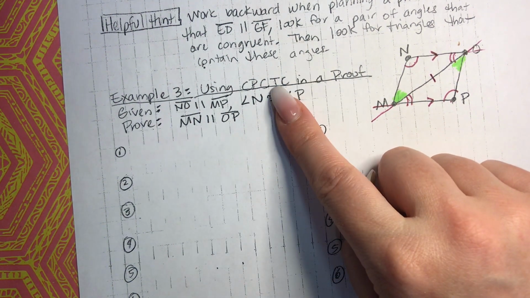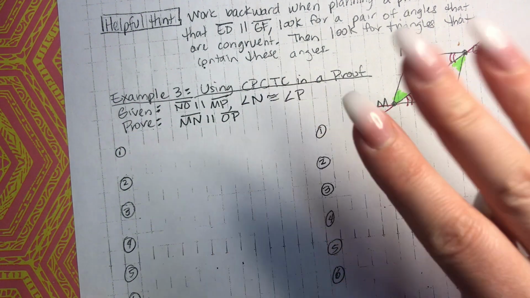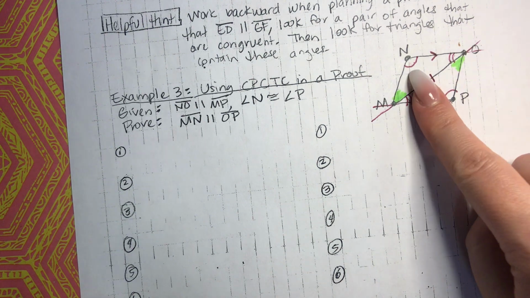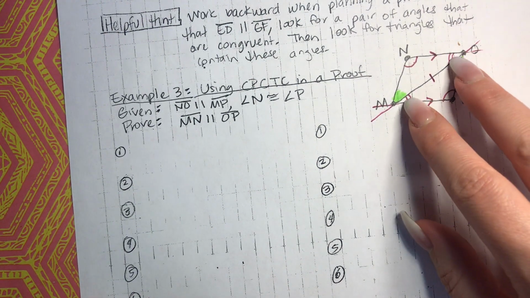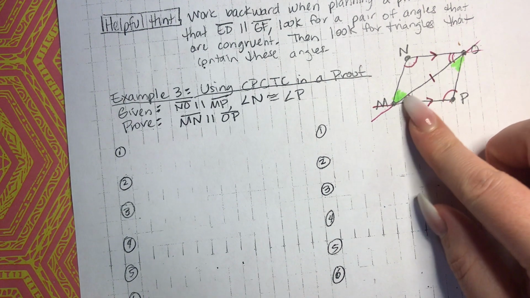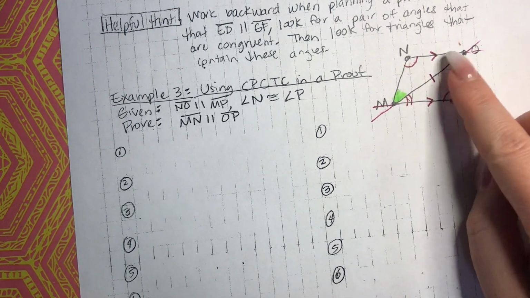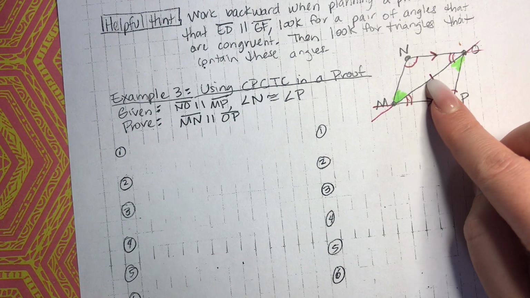So in order to use CPCTC, we have to show that two triangles are congruent, okay? So cheat rule, we need 3 pieces of information. So what do we have? NO and MP, okay, these are parallel, which means those are congruent, and then we have the reflexive property of congruence here. So angle, angle, side.